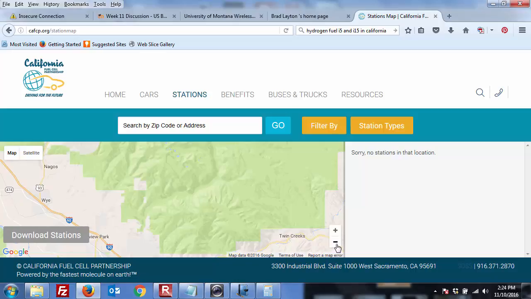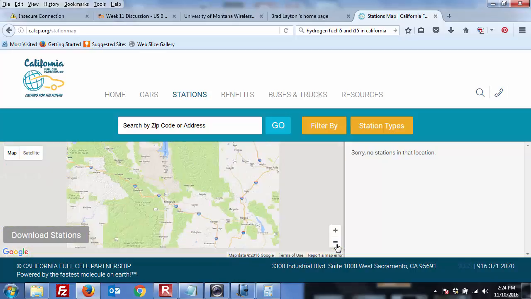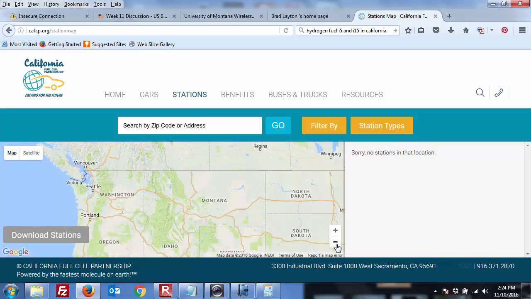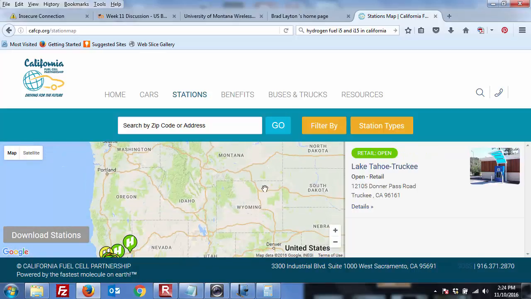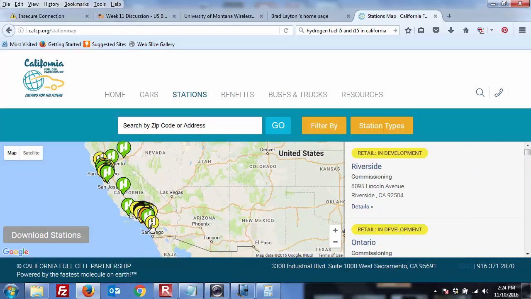Quite a ways, quite a ways. Lake Tahoe. Well, there they are, folks. It looks like they're for real.